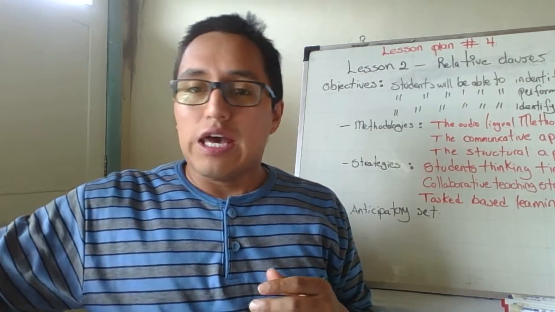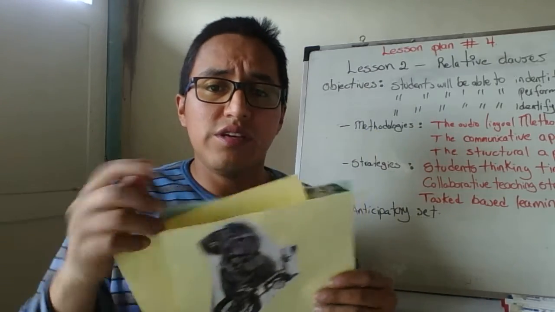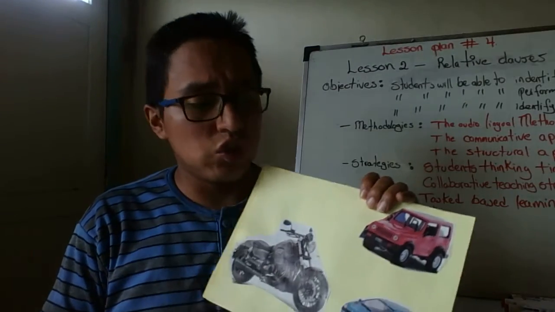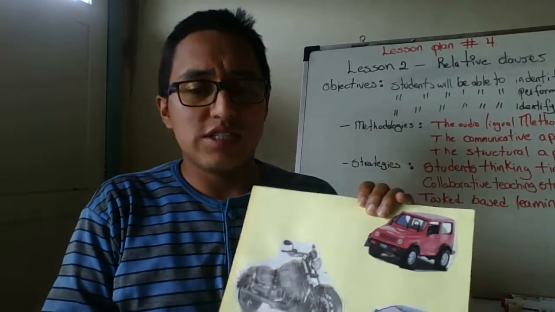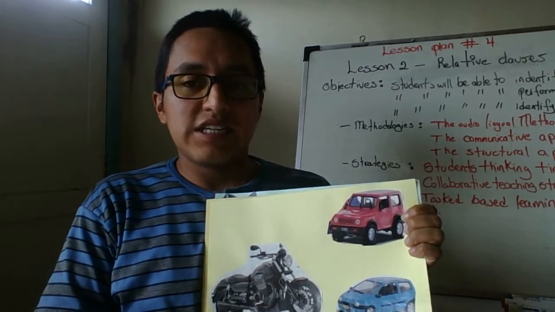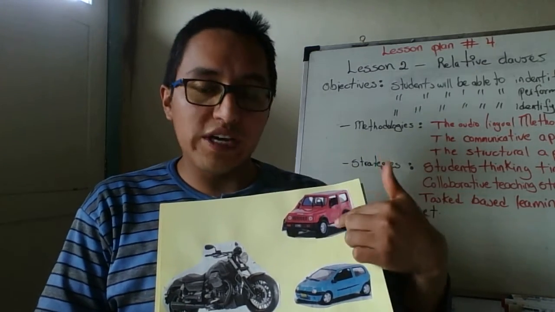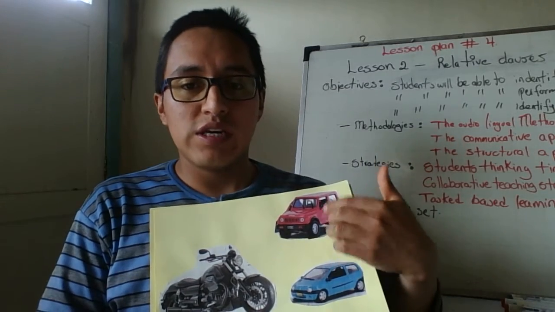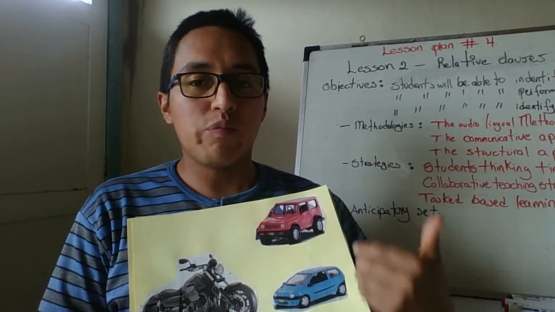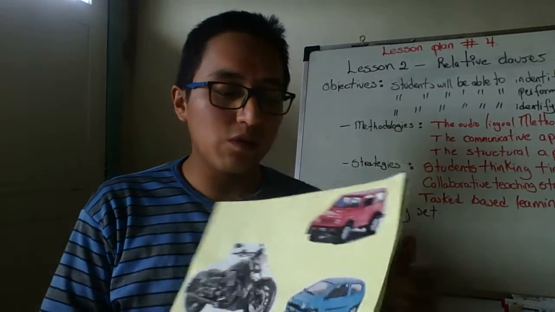So I'm going to use flashcards because this type of material is very helpful to teach, since students can associate the grammar context with the pictures, and I can use a picture to present one example.